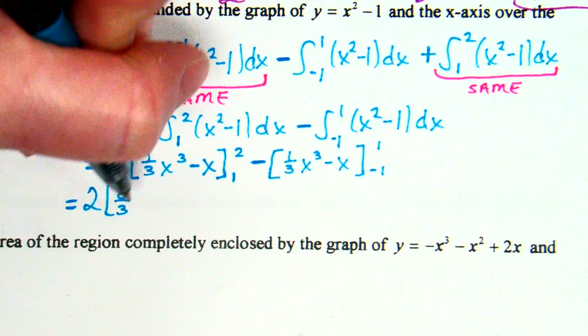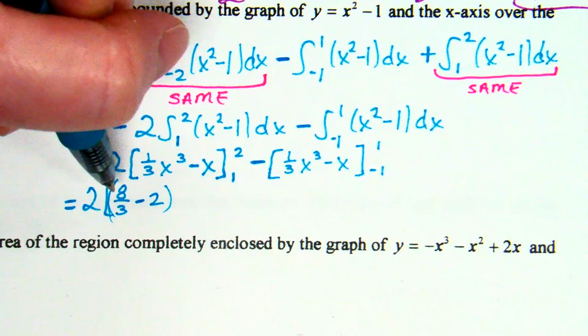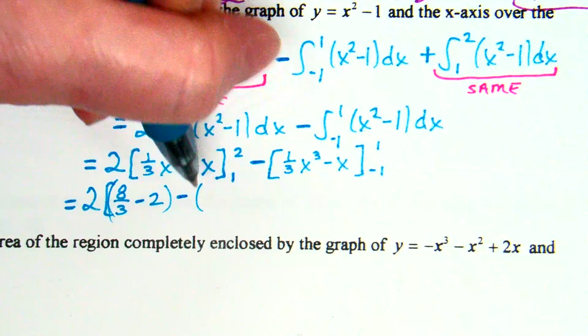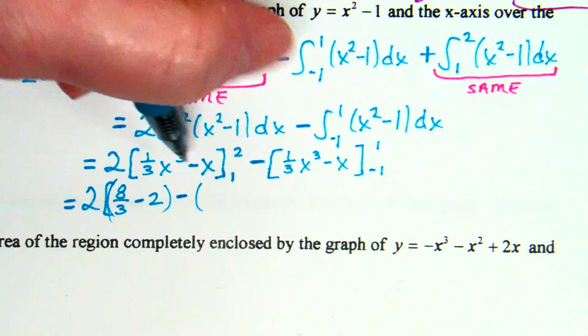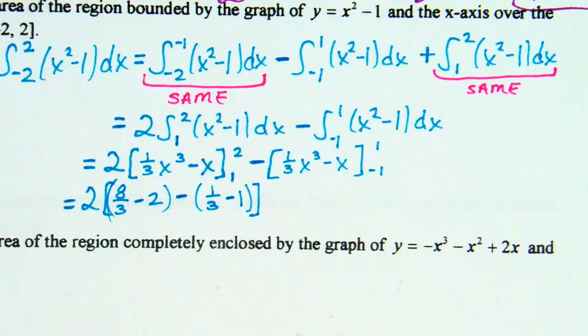Minus, plug in 2, and it's just 2. So that first piece is 8/3 minus 2, minus, now we go back and we plug in 1. 1/3 of 1 cubed is 1/3 minus 1.